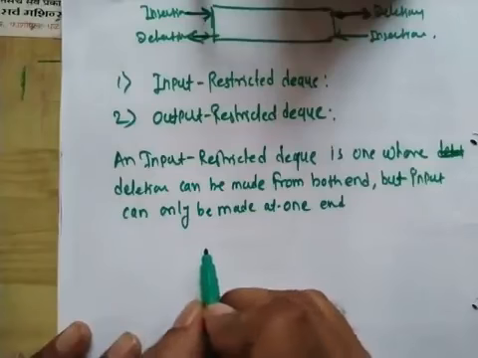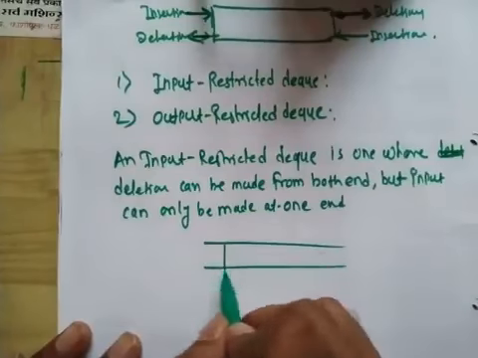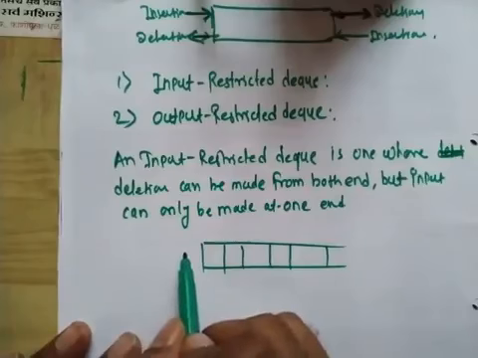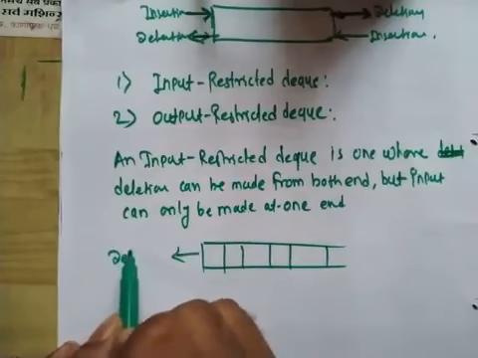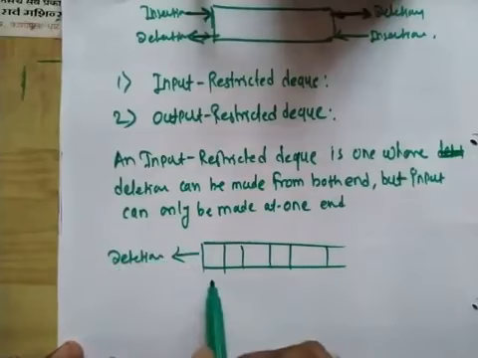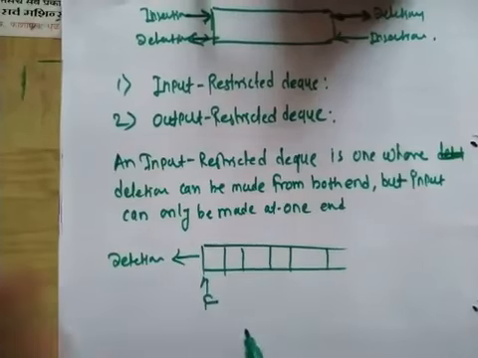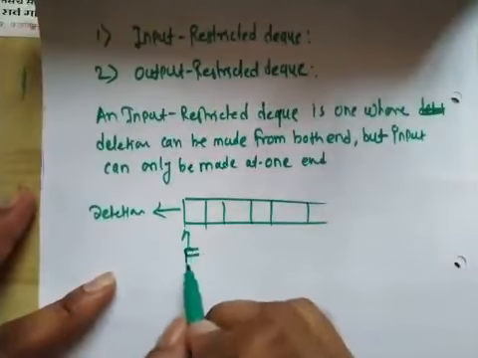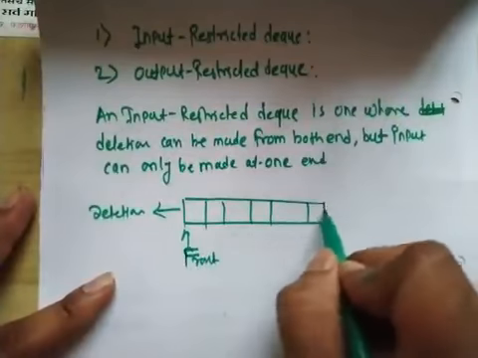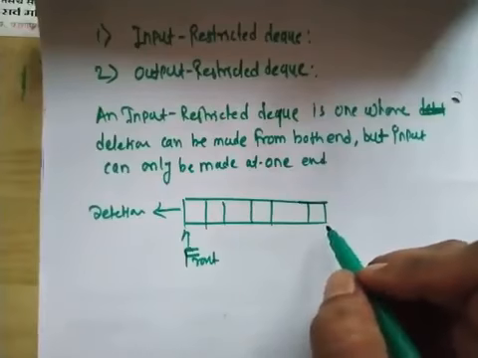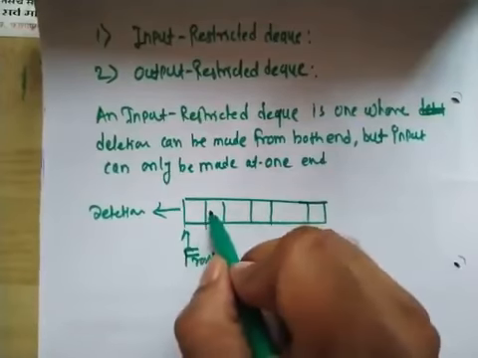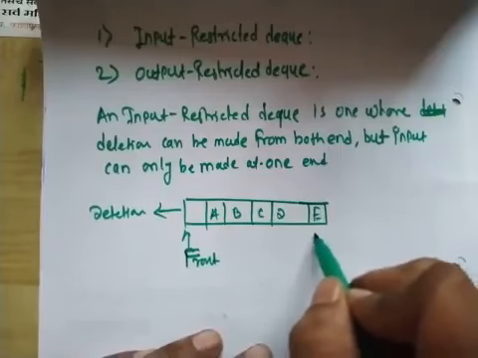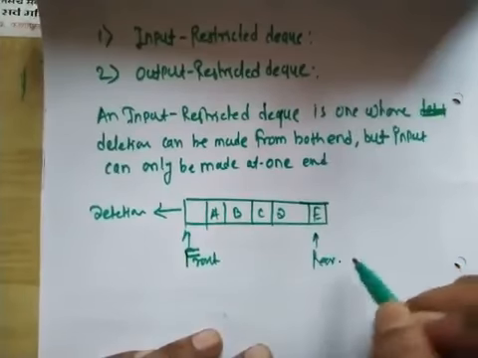So let's see diagrammatically. So this is your array. Okay, so here we can make deletion through the front end also. In a linear queue we can delete an element from the front end, and also the rear end. So this is your rear end.